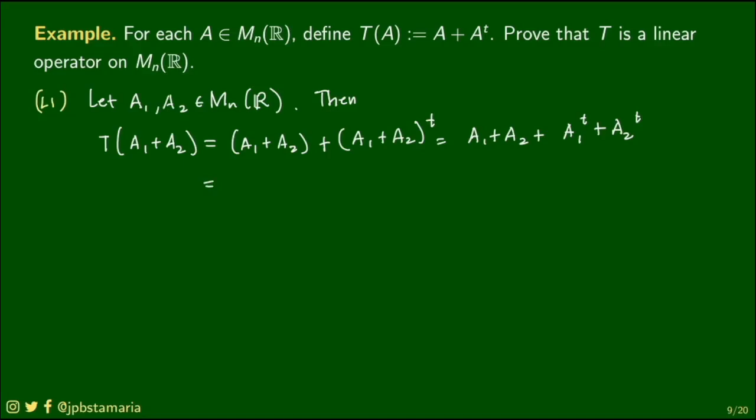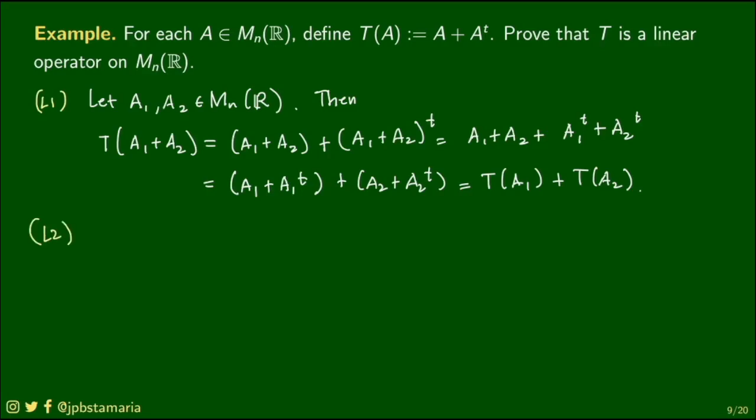Because matrix addition is commutative, I can write it as follows. I can group these two terms together, and I can group these two terms together. What we have is simply T of A1 plus T of A2, right?